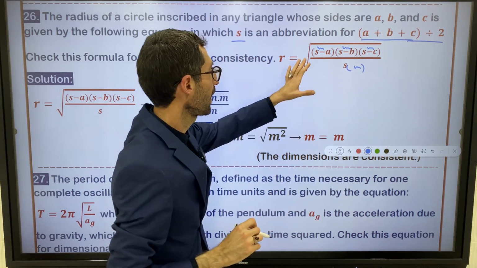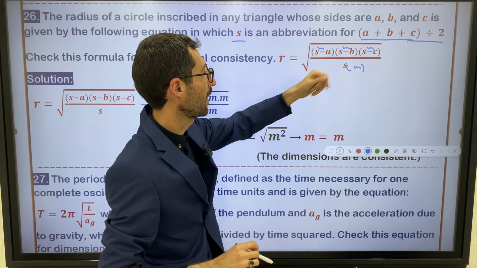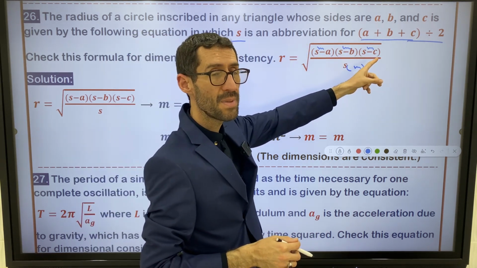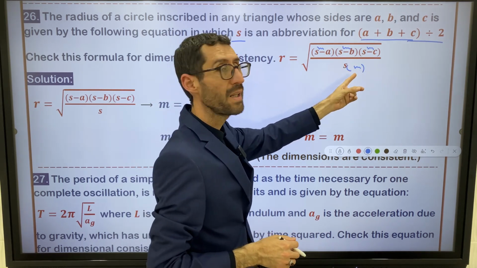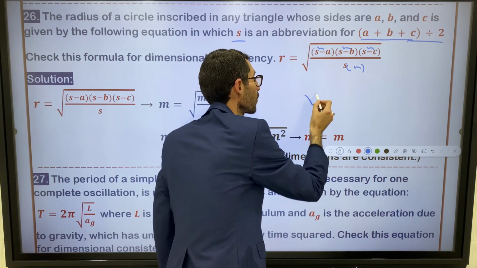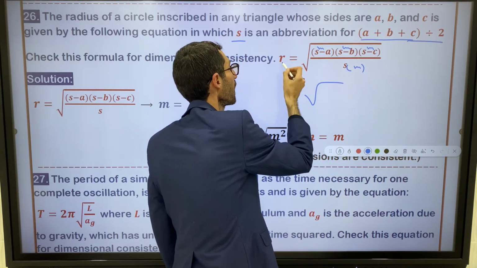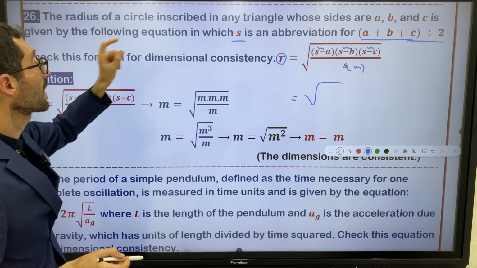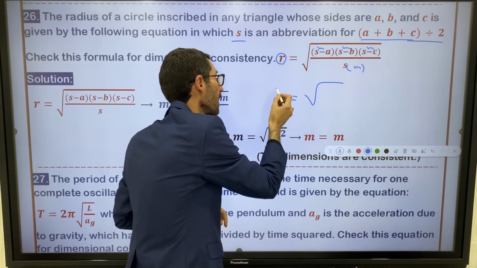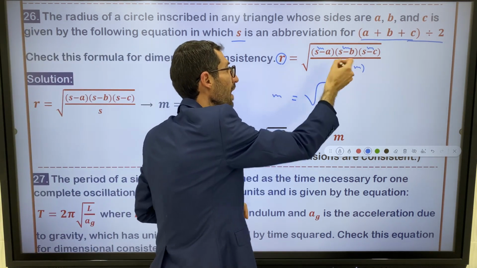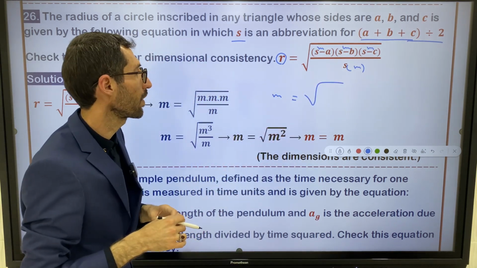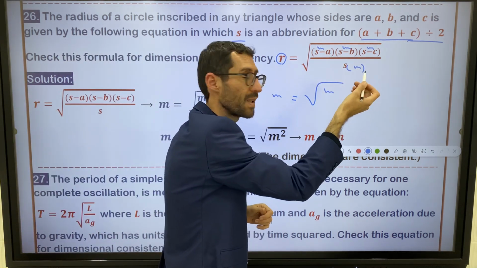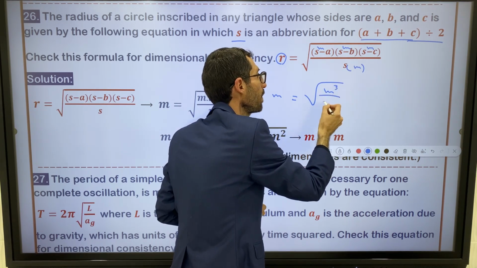I want you to multiply these dimensions together. M multiplied by m becomes m cubed divided by m. By the way, r is the radius of a circle, so r is measured in meters. Inside the square root, we have meter times meter becomes cubic meter divided by meters.